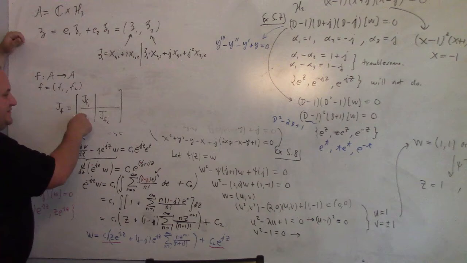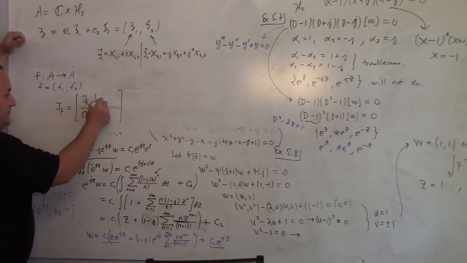Generally speaking, there would be non-zero stuff in the off-diagonal blocks. But if it's A-differentiable, then these are 0.